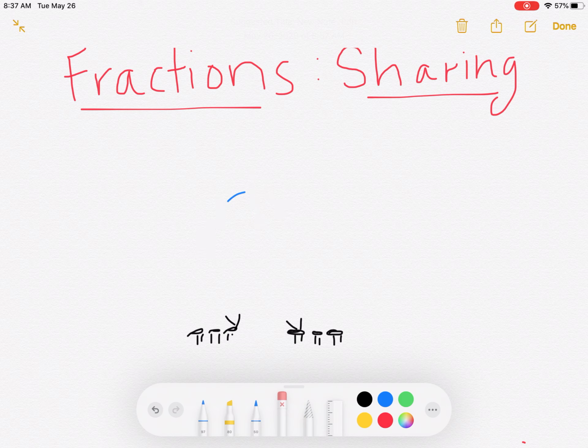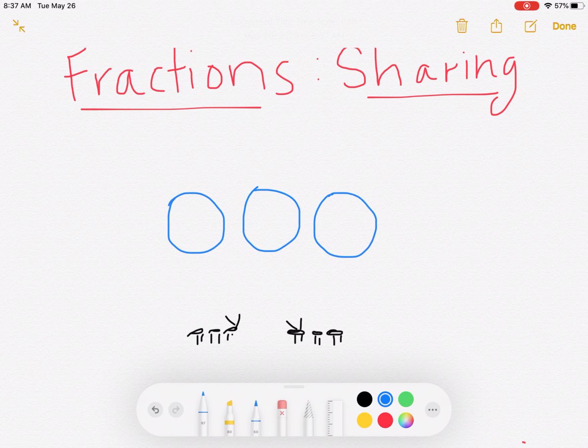Okay, well this week you're going to also then make things a little more complicated. What if these ants come across a picnic and there's 3 cookies? Well, this ant gets that cookie. This ant can have that cookie. What are they going to do with the one in the middle? Well, if they cut it down the middle, then this one gets another half, and this one gets another half.